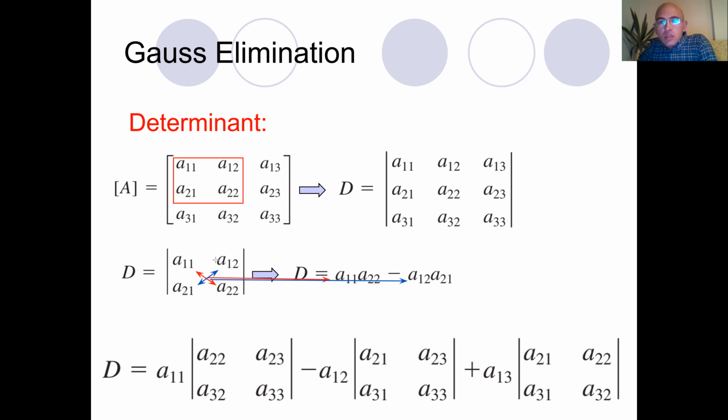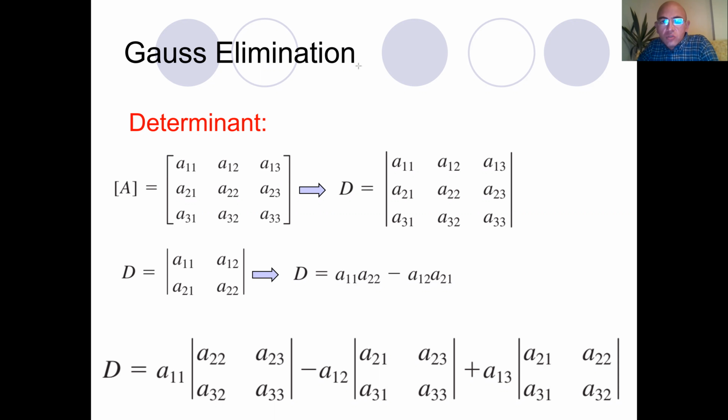Okay. Now, remember how we calculate the determinant of a larger matrix. I will just show it through the 3 by 3 matrix. First, we choose one of the rows. Perhaps the simplest and most straightforward one is the first row.